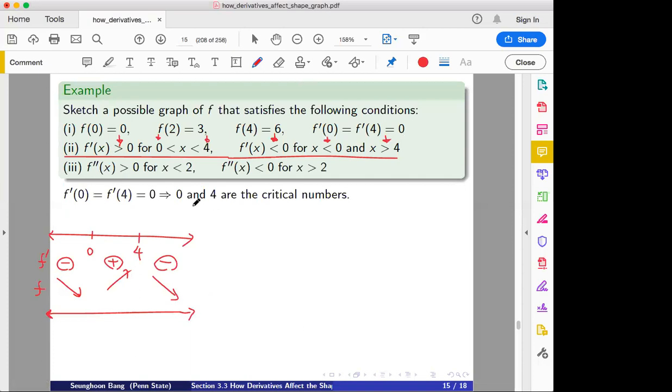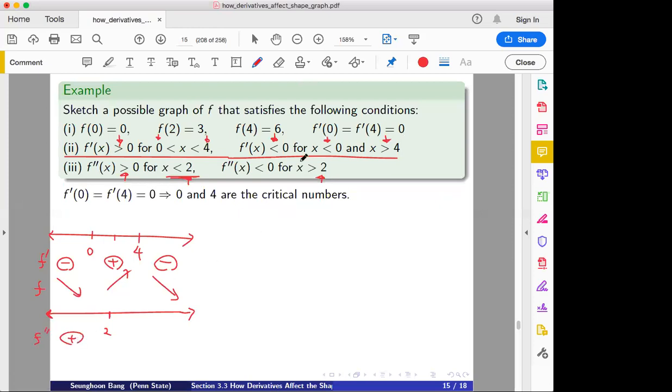What about the second derivative? Only use the middle one, here, 2. Less than 2, the second derivative is positive.